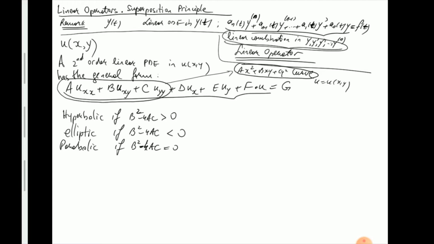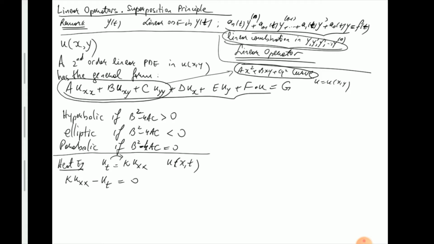So let's look at some of our examples that we went over already. If you look at the heat equation in one dimension, the one that we typically write like this, ut equals k times uxx, and remember in this case u is a function of x and t. If I write it exactly like the general form on the left, I'm going to keep the second order derivative on the left and then move the ut to the other side, equal to 0.